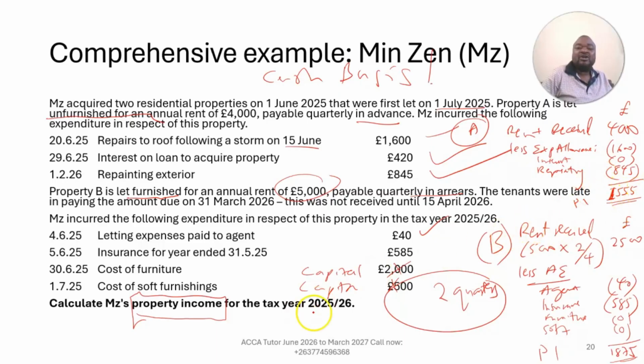Now, with 1875 added to 1555 there, you come to your consolidated PI. That's 1555 plus 1875. This should give us 3430 as the property income figure which we need.